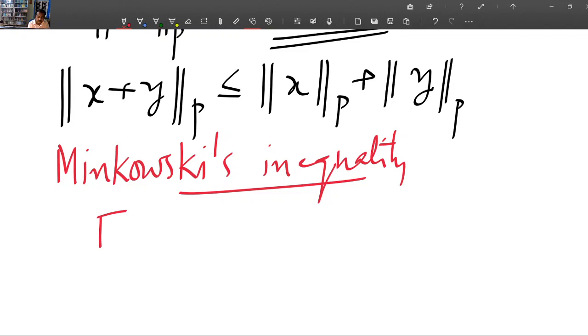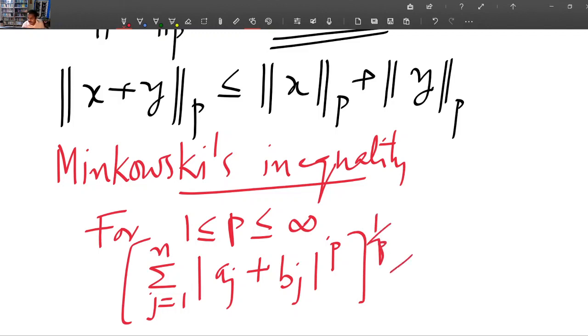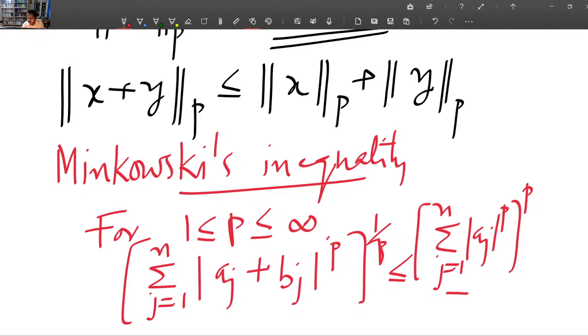For 1 ≤ p ≤ ∞, we have this: (Σ_{j=1}^n (|a_j + b_j|)^p)^{1/p} ≤ (Σ_{j=1}^n |a_j|^p)^{1/p} + (Σ_{j=1}^n |b_j|^p)^{1/p}.